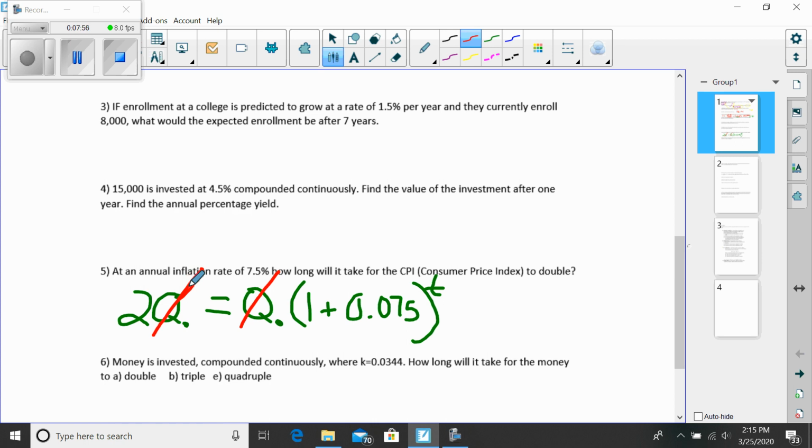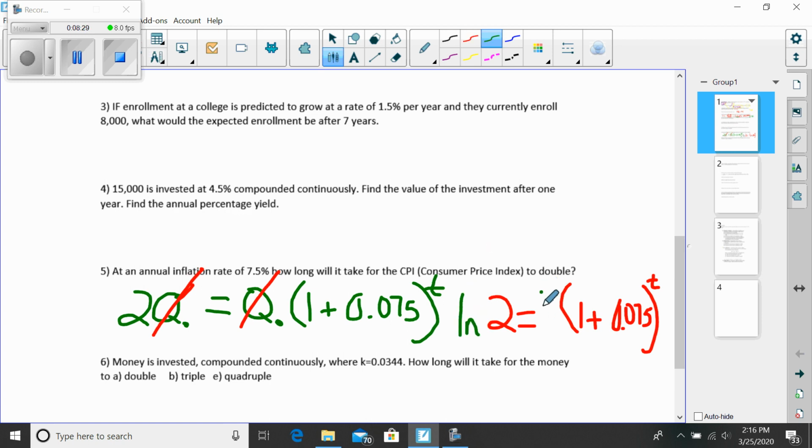Okay, so then all I'm doing is solving this equation, and I just realized something. We don't have the tools yet to solve this equation, because in an upcoming lesson, you know what? Why don't I mark this problem as a wait, okay? Because what we would do is take the natural log of both sides.